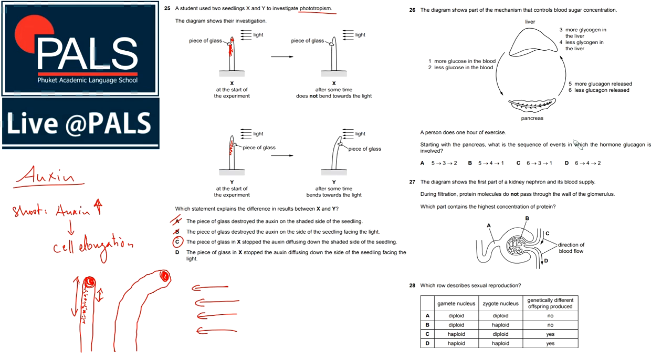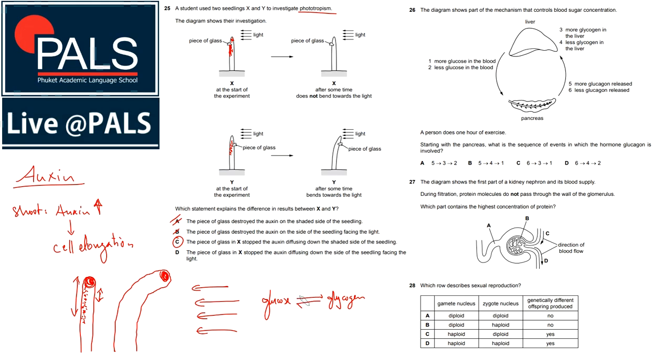The hormone glucagon is involved. Okay, so glucose in the blood can be absorbed by the liver and changed to glycogen, which is the stored form of glucose in the form of a macromolecule, a very large molecule.